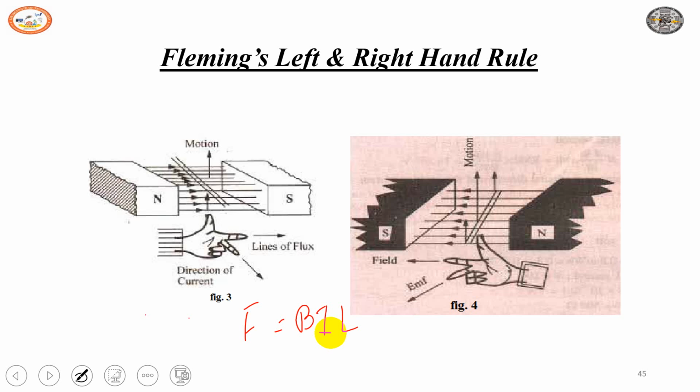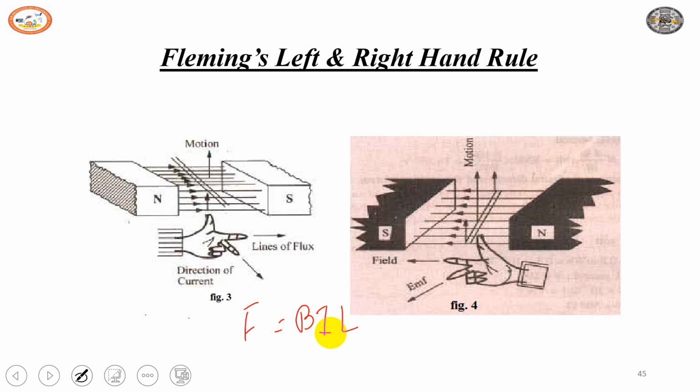Now coming to the right hand side, we have Fleming's right hand rule. This right hand rule is used to find the direction of the induced EMF and current in a coil. It is specially applicable where the conductor moves at right angles to the magnetic field. The thumb, forefinger and middle finger are stretched at right angles.